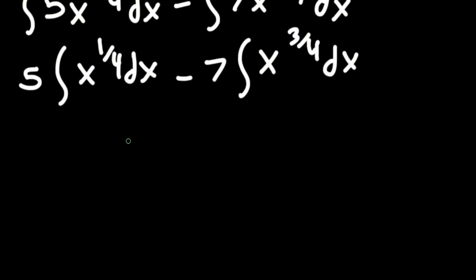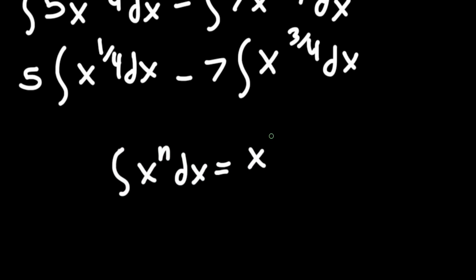So the next thing that we need to do is to apply the power rule for integration, which states that integral of x raised to n dx is equal to x raised to n plus 1 over n plus 1.